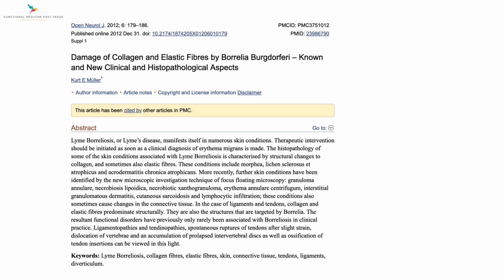So this is another study that I think is so important, because the damage to collagen and elastic fibers by Borrelia is really them consuming those fibers. And when they consume those fibers in more abundance than those fibers can be built up, and collagen is the fastest repairing tissue in the body, we've got to start to think about a few things. And here are some clinical pearls.